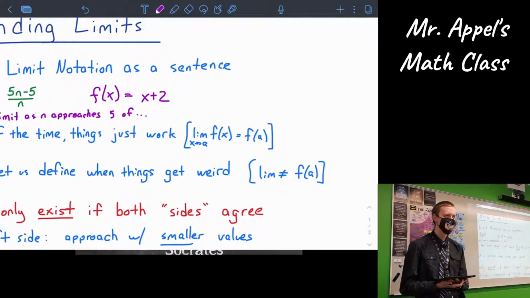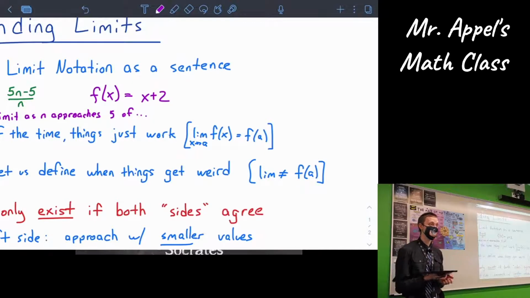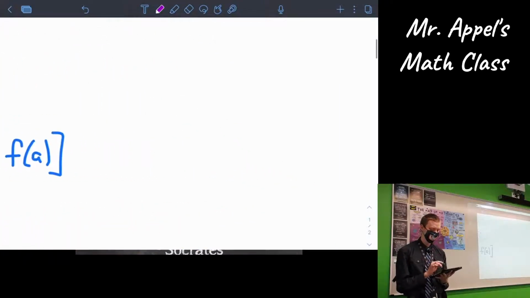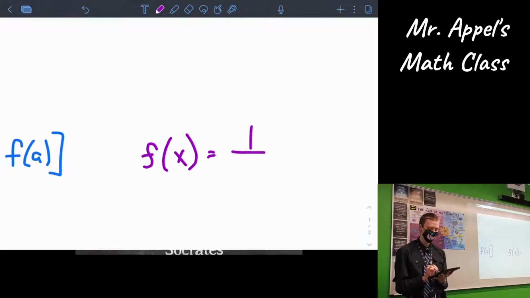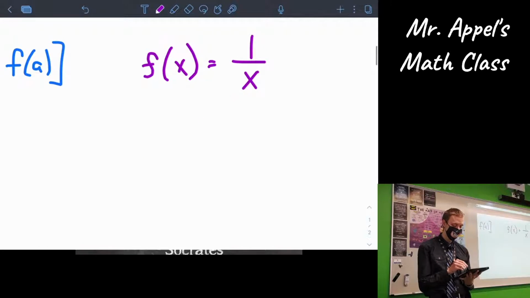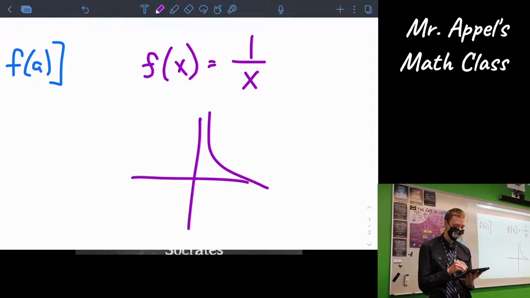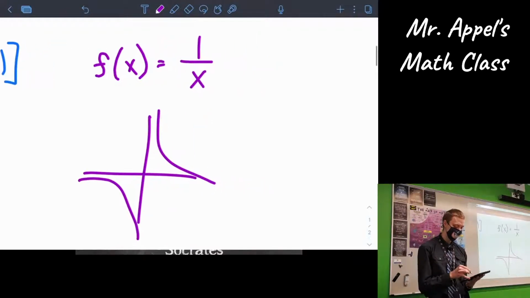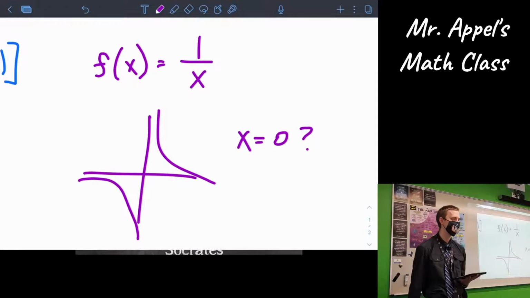We actually introduced this concept way back when we were studying rational functions. You guys remember rationals? Yeah, those guys, right? It looks like that, right? What happens when x equals 0?